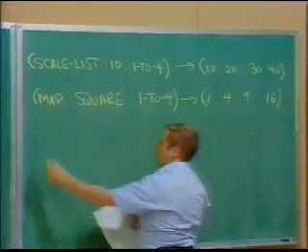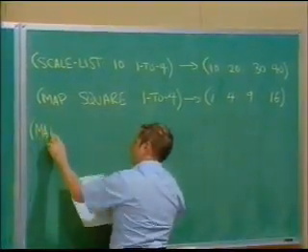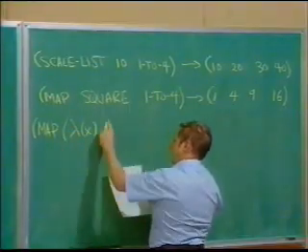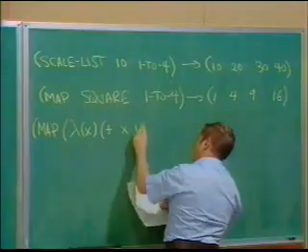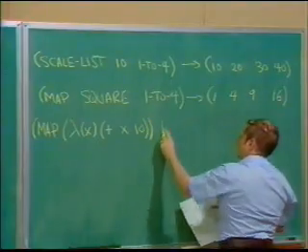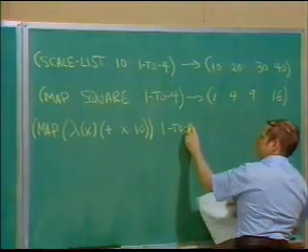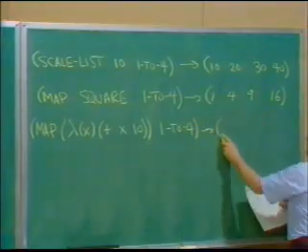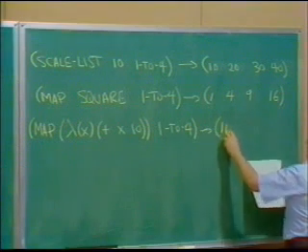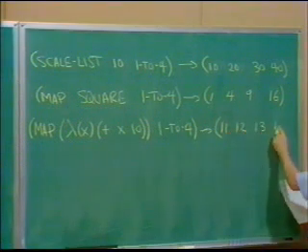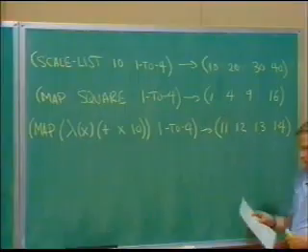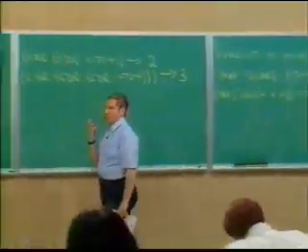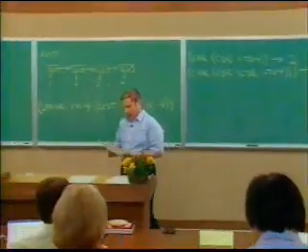Right, or if I said map down this list lambda of x, plus x 10, if I mapped that down 1 to 4, right, I'd get the list where everything had 10 added to it. Right, so I'd get 11, 12, 13, 14. Right. And you can see that's going to be a very, very common idea, doing something to every element in the list.